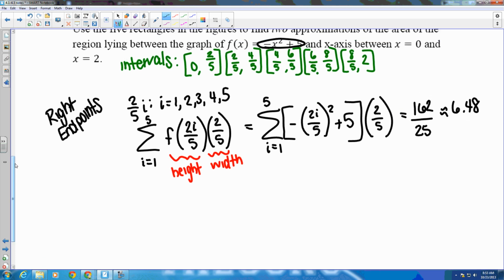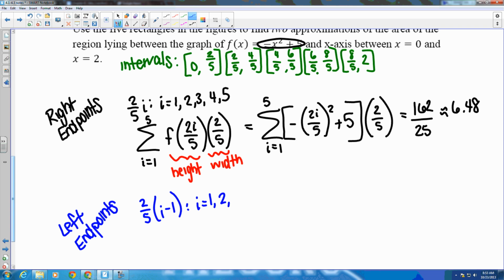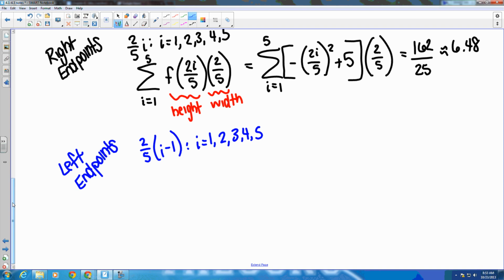We're going to do the same thing with left endpoints because they wanted us to get 2 different approximations. This time our endpoints are not going to be 2 fifths i, they're going to be 2 fifths (i minus 1), because we need to get to the left side, so we subtract 1. Again, i is 1 through 5. So it's the exact same thing as with the right, only our f is going to be f of 2 fifths (i minus 1) instead of 2 fifths i, which makes it a little more challenging.